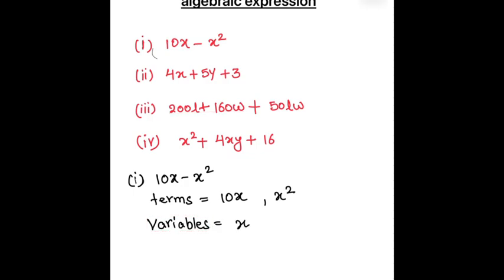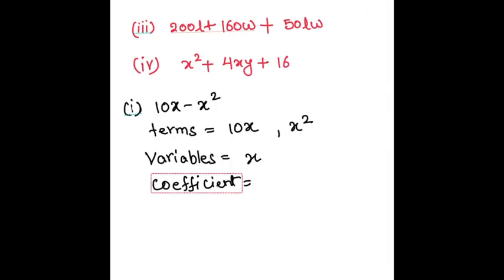Next is the coefficient. A coefficient is a numerical value multiplied by a variable. It is the number written directly in front of the variable. For example, in this expression 10x minus x square, the coefficient of x is 10.